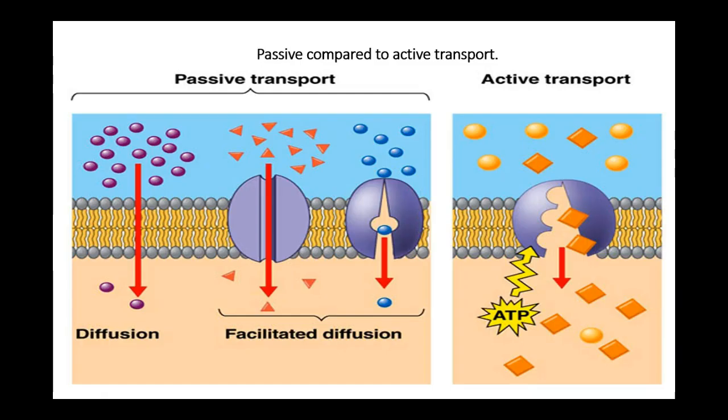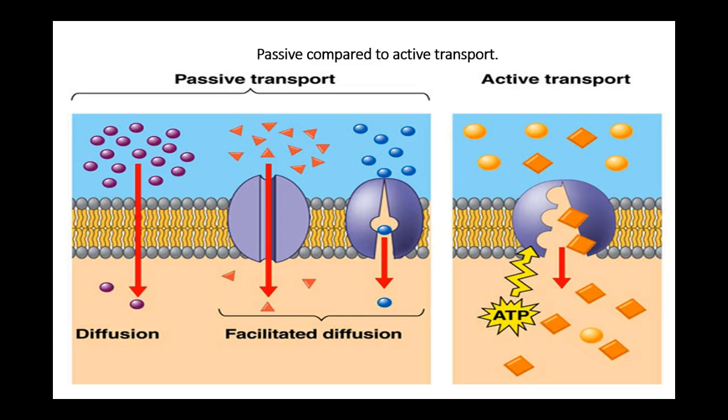The difference between passive and active transport: with passive transport you have diffusion, you have facilitated diffusion, and remember a special type of diffusion is osmosis. Passive goes down a concentration gradient, and you can see it in all of these. The solutes are more concentrated outside than inside, so they're all coming inside the cell. And with active transport, there's always the need for ATP.